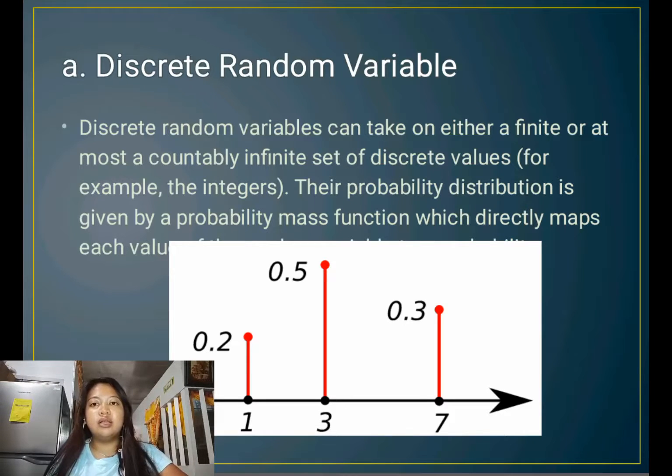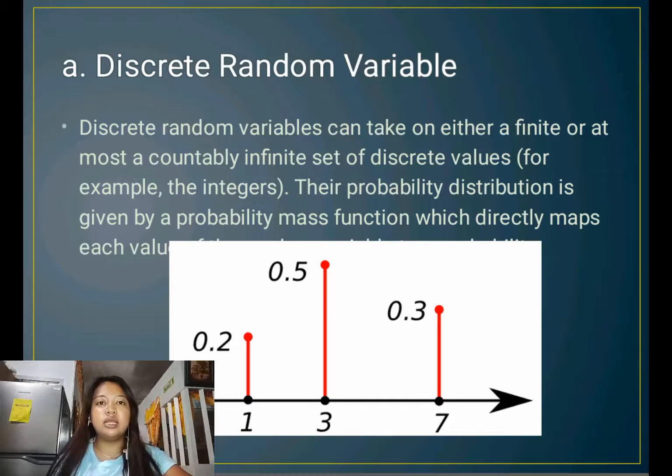So discrete random variables include the values obtained from rolling a die and the grades received on a test out of 100. And the example we have shown here has red lines going upward with arrows and dots.